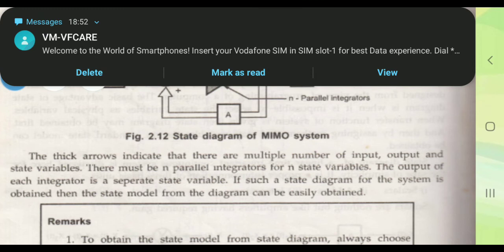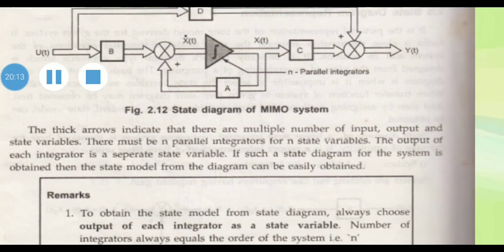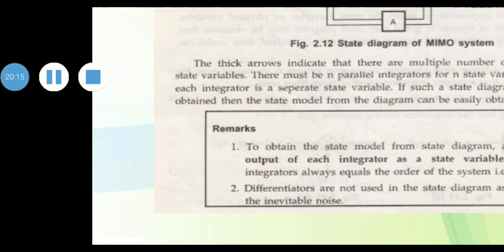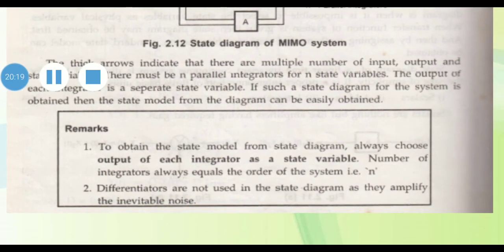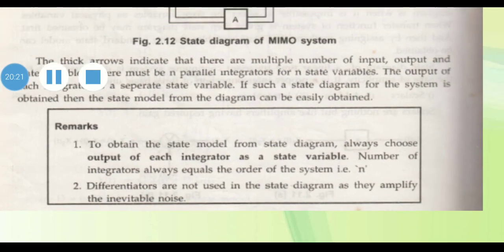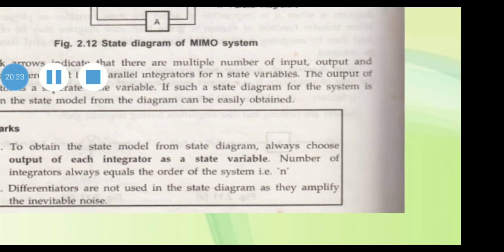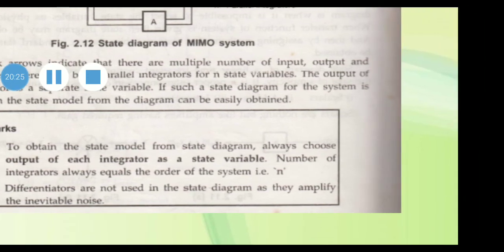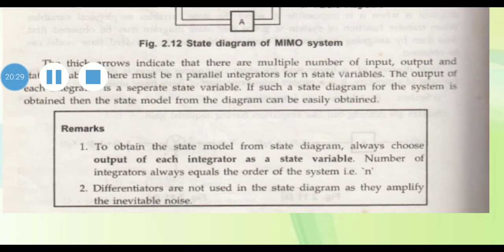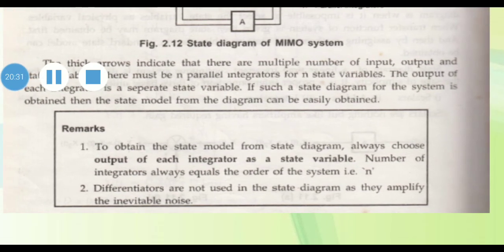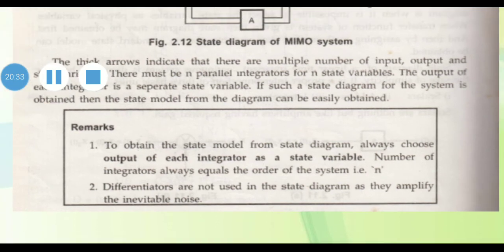If such a state diagram for the system is obtained, then the state model from the diagram can be easily obtained. Remarks. 1. To obtain the state model from the state diagram, always choose the output of each integrator as a state variable. The number of integrators always equals the order of the system, that is n. 2. Differentiators are not used in the state diagram as they amplify the inevitable noise.